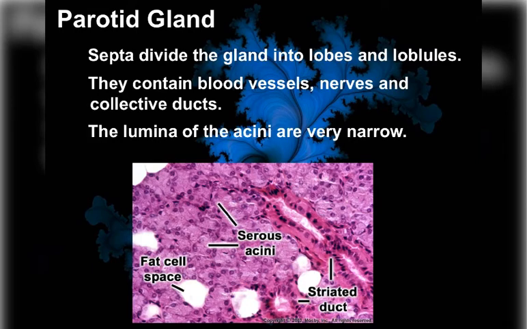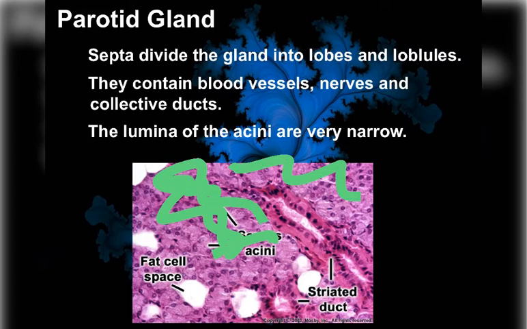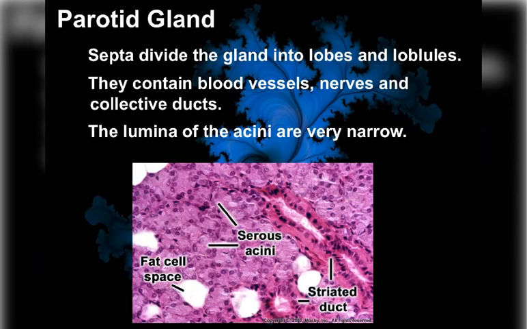Here we see all this material here are secretory end pieces, serous acini. These are fat cells. This is characteristic shape of fat cells. They are clear cells. And remember that those increase with age. So the older the person, you expect to find more fat cells. And this is a duct.